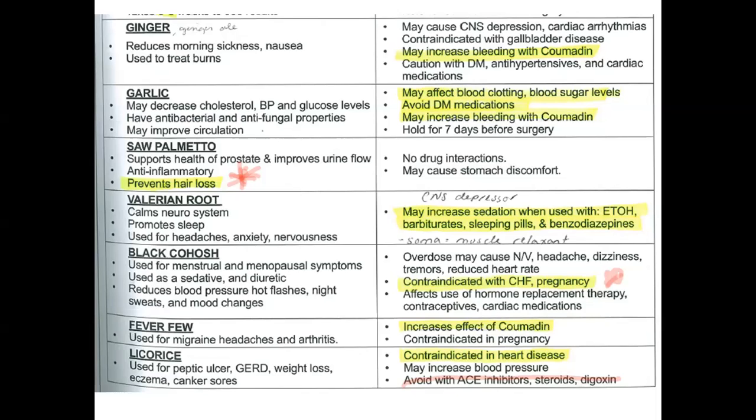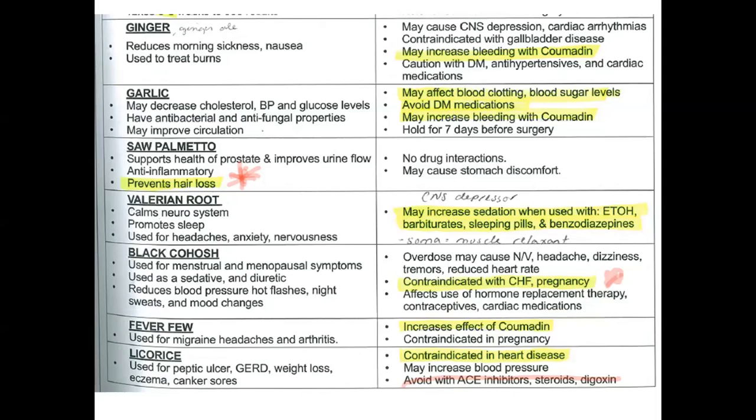Another most important one is called valerian root. They cleanse the nervous system and promote sleep. Also, they are used for headache, anxiety, or nervousness, right?